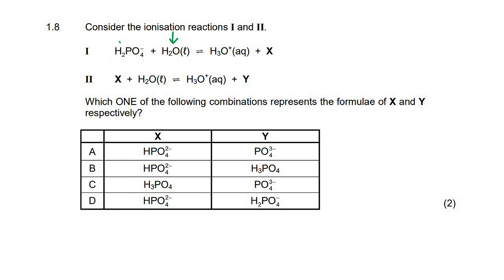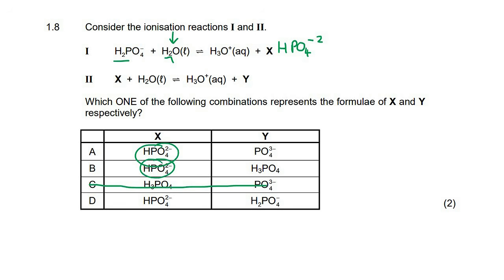Well, it would have gotten it from this one over here. So this one gave 1 of its hydrogens, and over here it would simply be HPO4 -2. It doesn't give away both of these hydrogens, it just gave away 1 of them to become HPO4 -2. So X is definitely going to be HPO4 -2.